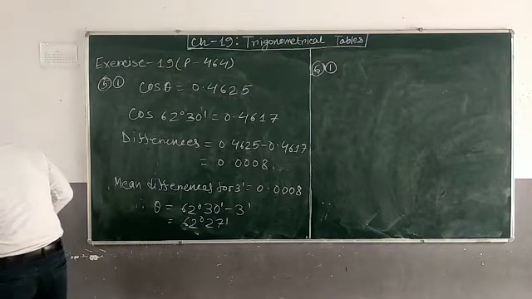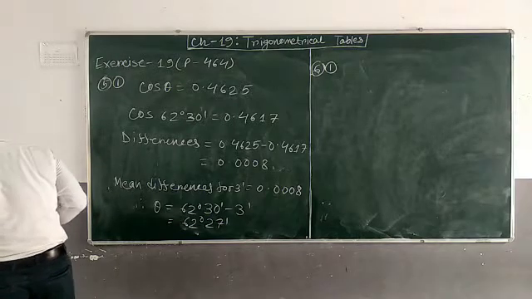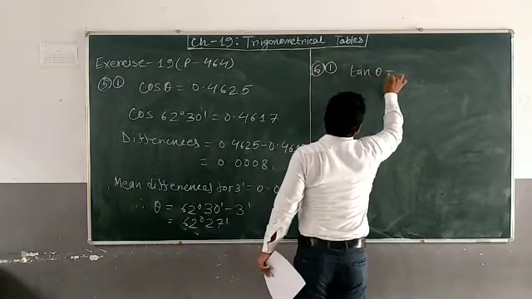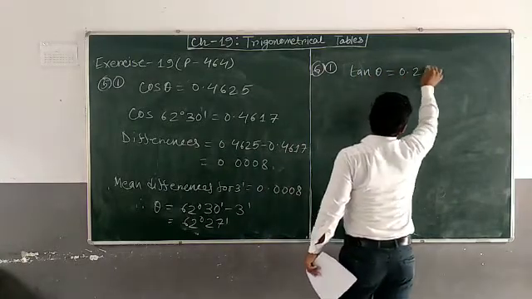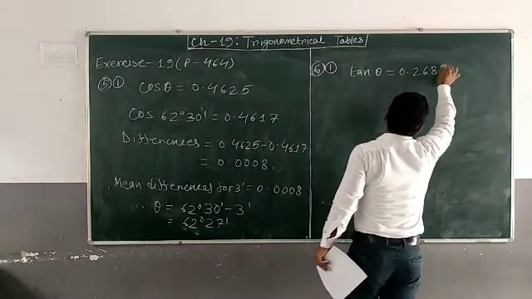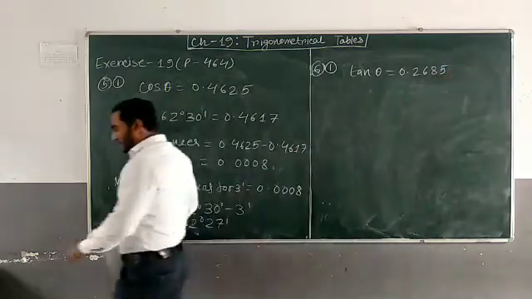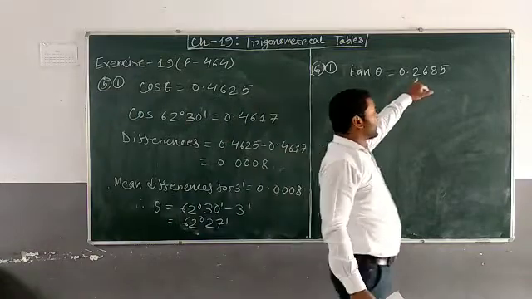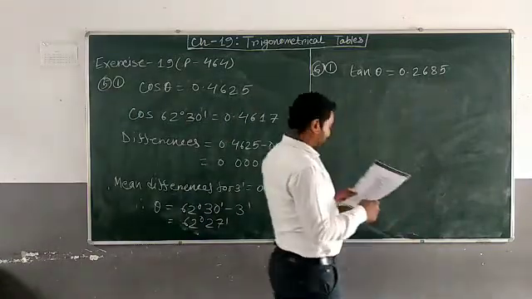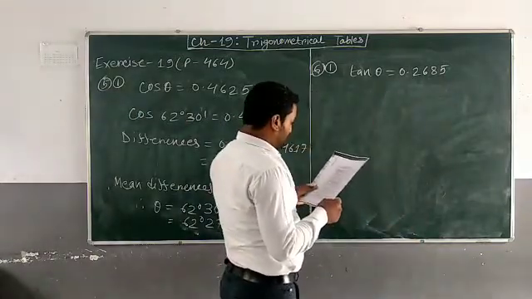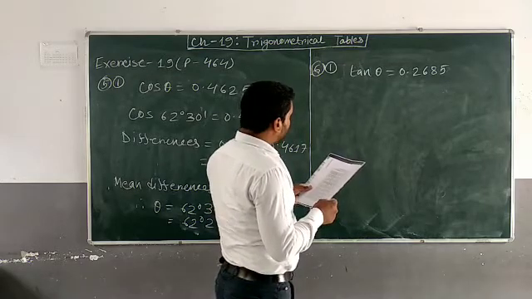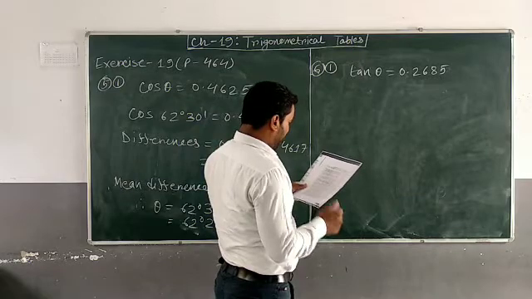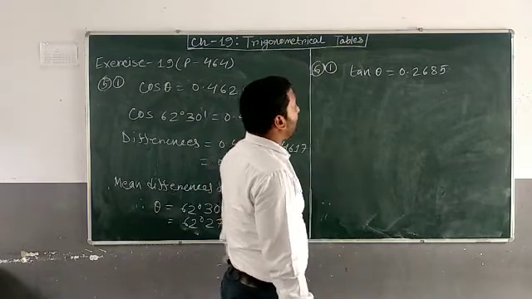Tan theta equals 0.2685. Now you have to see whether this value is exactly in the table or not. 0.2685 is not in the table.